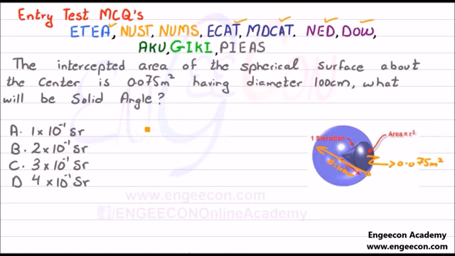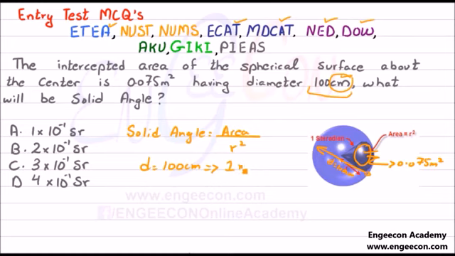As I explained in my previous lectures, the solid angle is equal to this area divided by r square. Here is a little conversion in this MCQ, as the diameter is in centimeters. We have to convert it to meters first, as diameter is equal to 100 centimeters, which is equal to 1 meter.